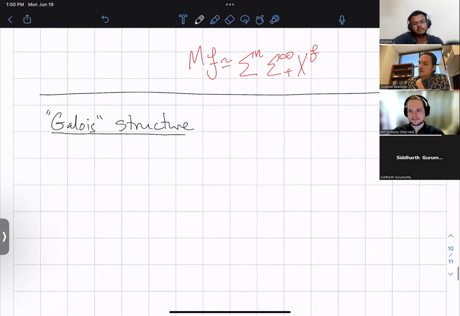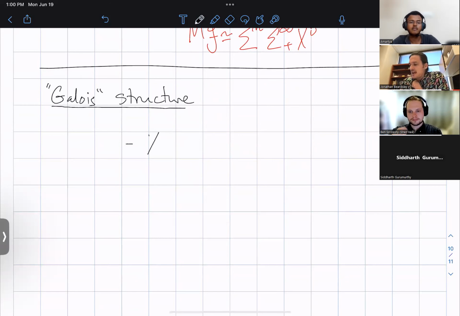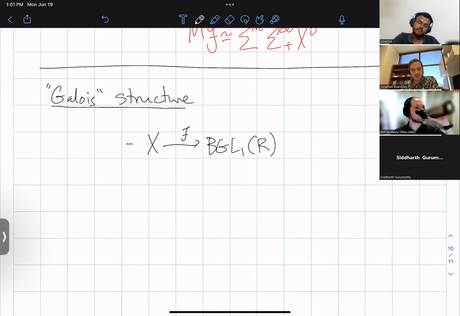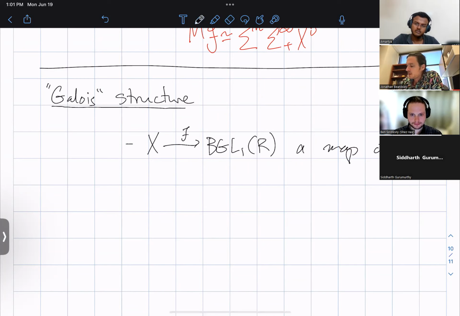So now what I want to do is start with the data x2, and maybe I'll stick to BGL1R here just to avoid having to lie in any way. So now let's say that this is a map of infinite loop spaces.